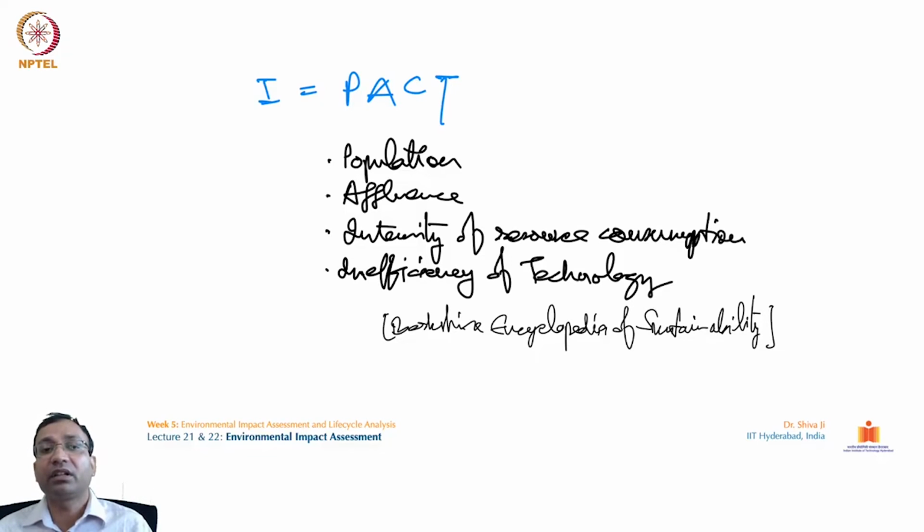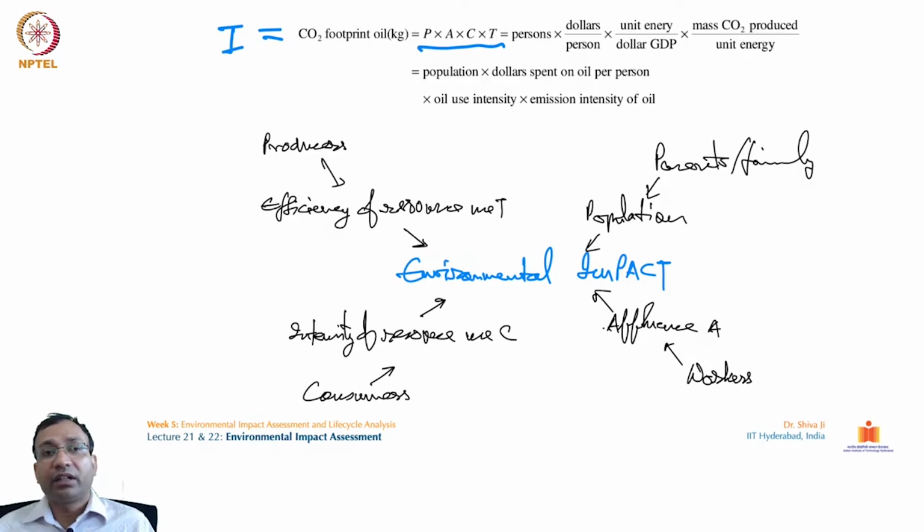So this is the concept of dematerialization, which could be helpful in reducing the overall impact on this planet. Yeah, so this is an illustrative diagram of this impact figure over here.